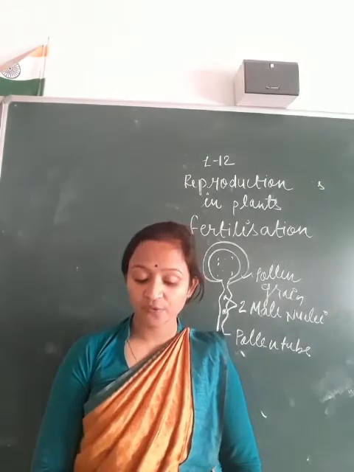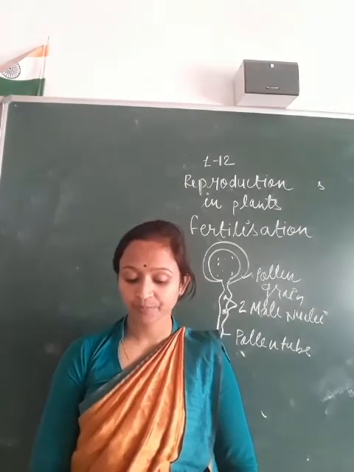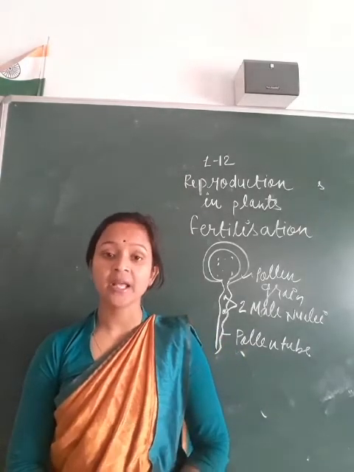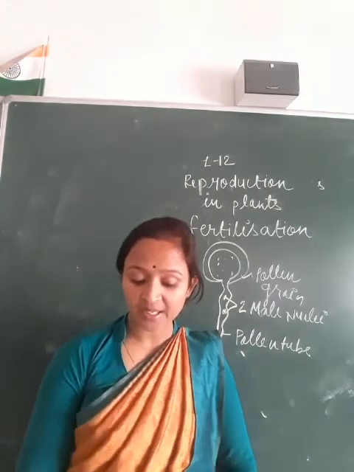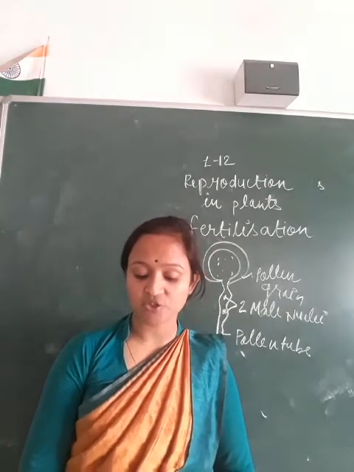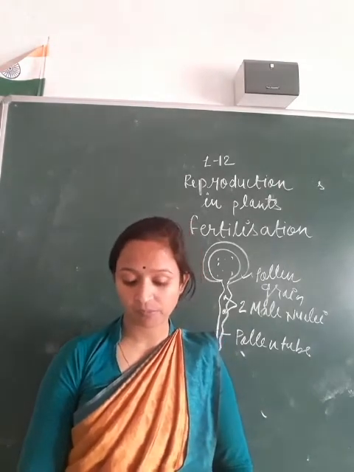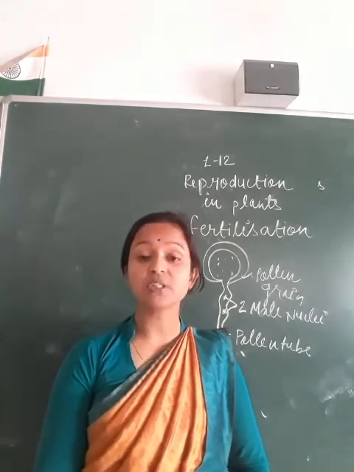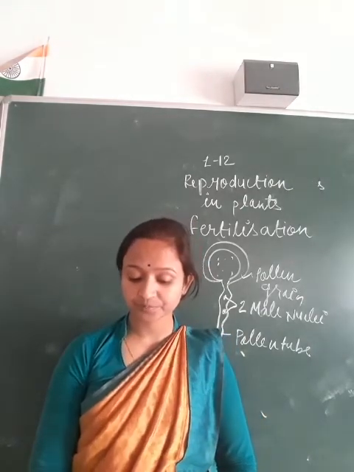Formation of fruit and seeds. What happens to the flower after fertilization? If you observe carefully, you may see the following changes in a flower. The flower loses its bright color.